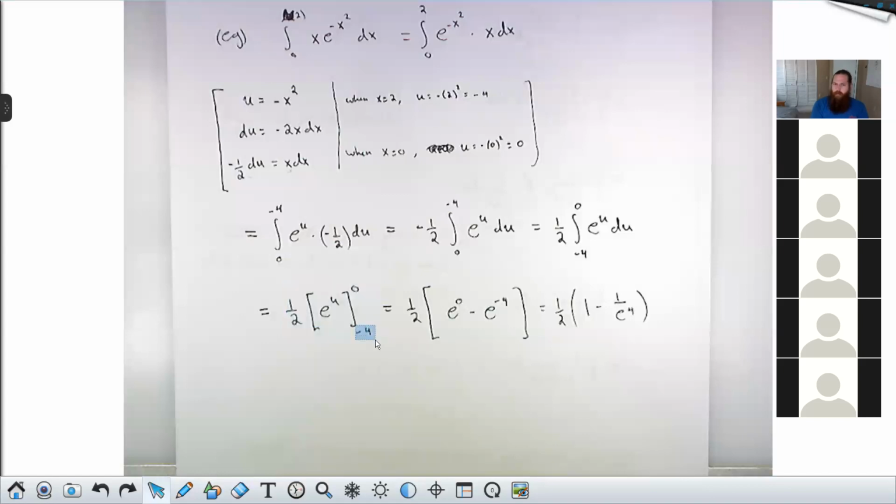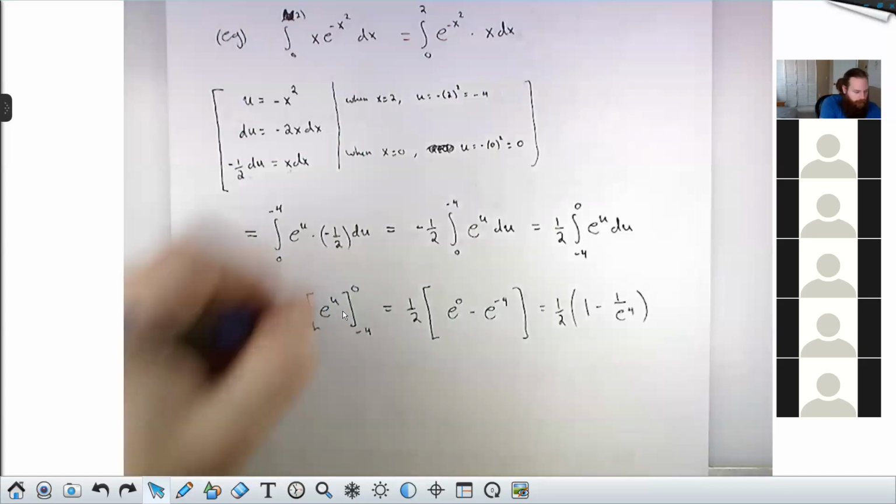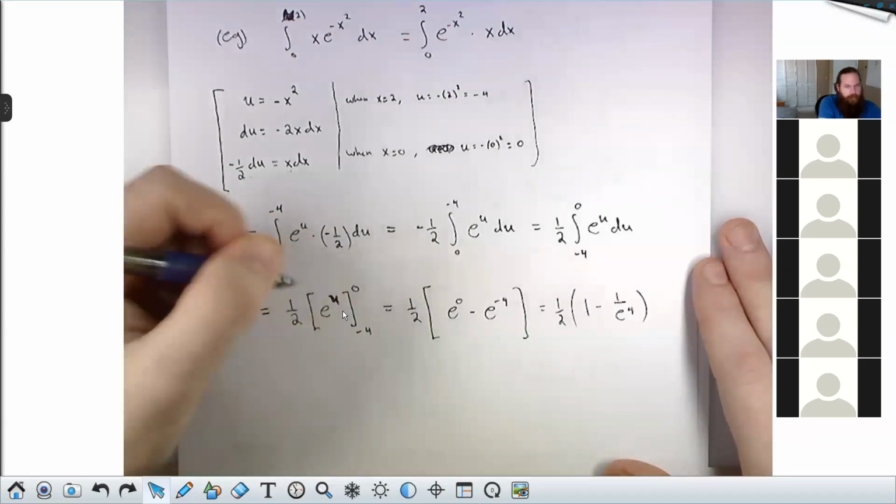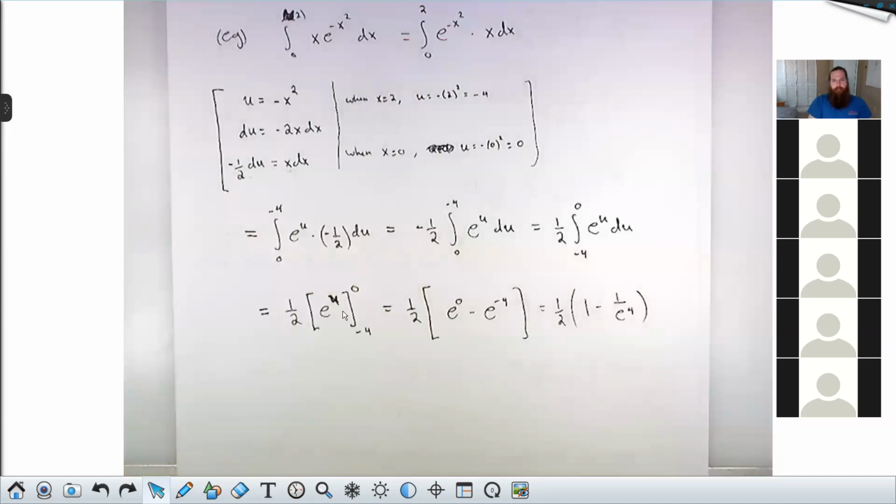Ignore the 4? No, the one inside. So this is a u. That's a u. That makes a lot more sense. My apologies. Thank you. No, you're good. Yeah, that's the variable u.